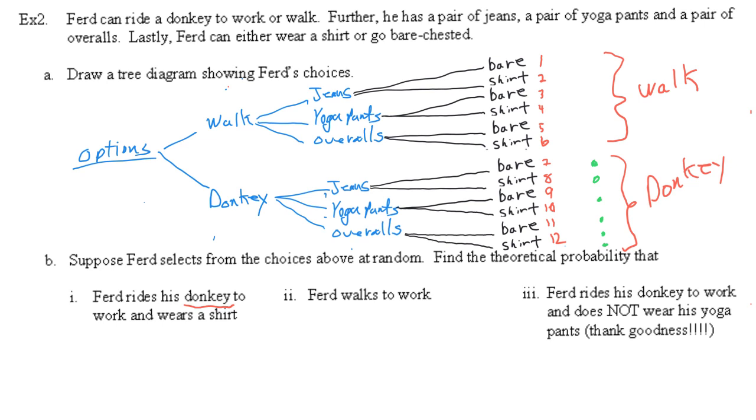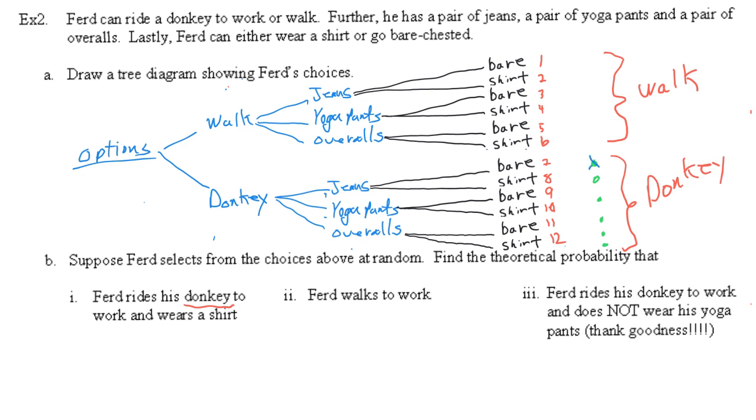But if we go back in time, it asks us something simple. How do I know if I'm looking at that? So all of these 6 possibilities, green dots here, represent when I have my donkey ride, right? But he also wears a shirt. So in order for us to wear a shirt, I'm going to cross off anything that's not a shirt.